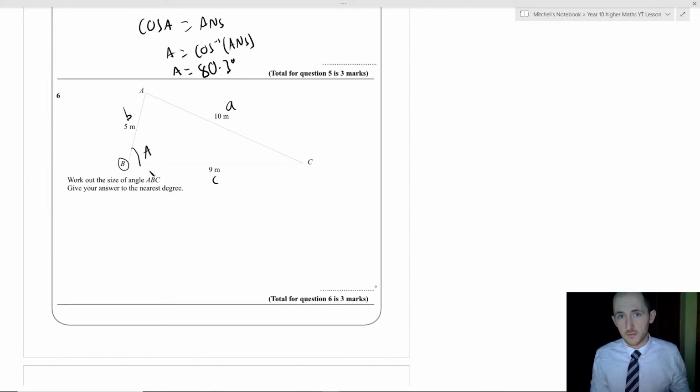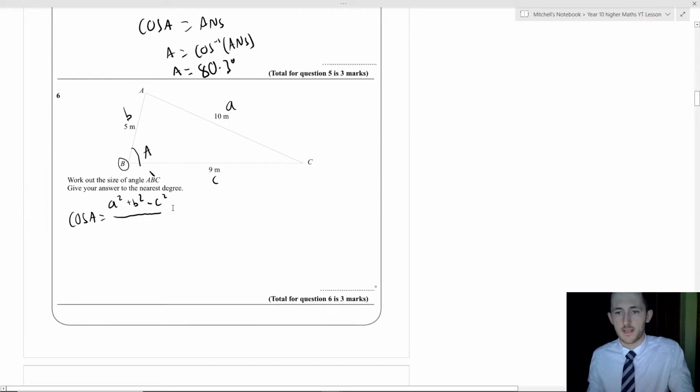We want the angle, so again we can just use the formula we've either remembered or derived. If you want me to go through how we got to this formula from the cosine rule, then please just let me know. Sorry, this is actually incorrect. I was writing the cosine rule formula for a second.